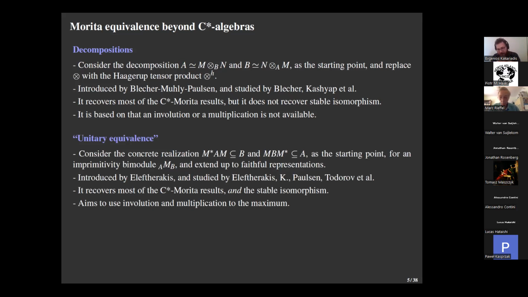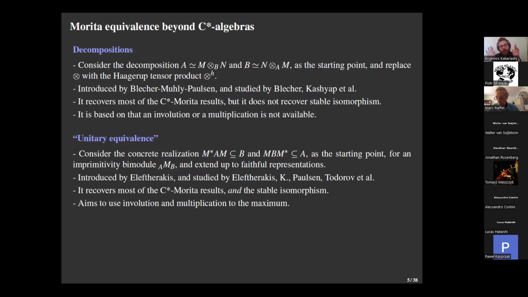So you may see, when you write the decomposition of A and B by using an imprimitivity bimodule, and if you use a concrete realization, you may see them in this sense, like M star AM gives you B, and MBM star gives you A. So in some sense, this is a kind of unitary equivalence.